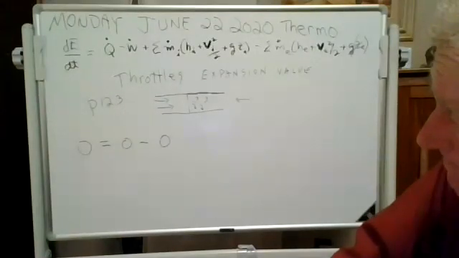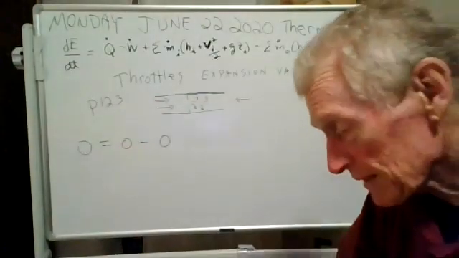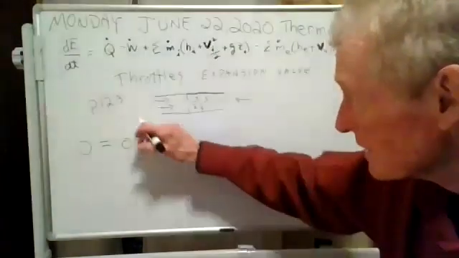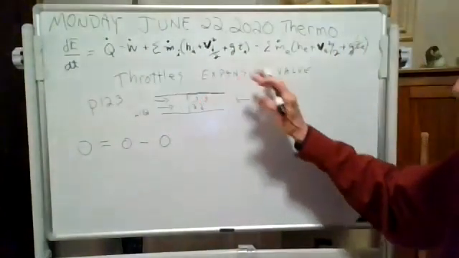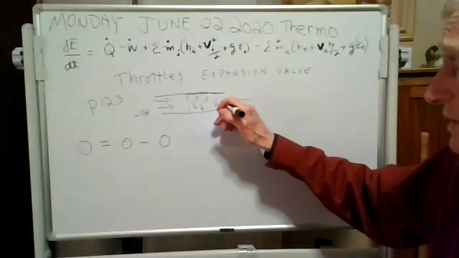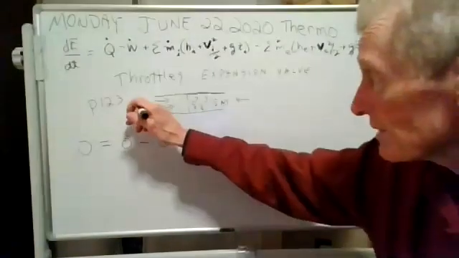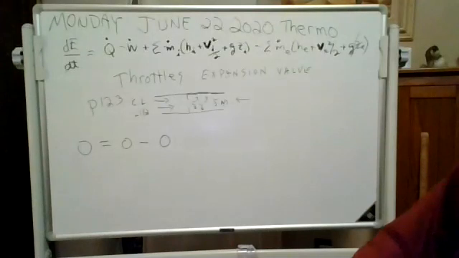Well, anyway, that's what I did all summer, and I was miserable. But there's no moving parts or anything. It's just a tube with a constriction. What they use these for is you'll have compressed liquid coming in and saturated mixture coming out.